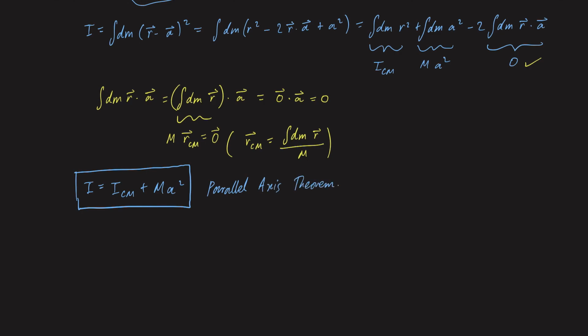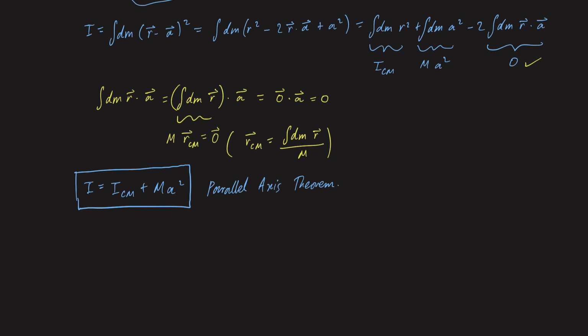The reason is that if we take the axis passing through the center of mass and then shift it, keeping it parallel to the center of mass axis, we would get the following moment of inertia.